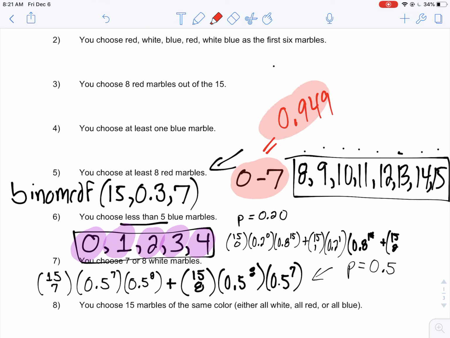So this is what I don't need. I don't need about 95%, which means the only percentage left over is going to be about 5%. So that would be my answer here. The trick with Binomcdf is you're telling your calculator, start adding up all the different probability combinations, starting from 0 up until the last number you give me.